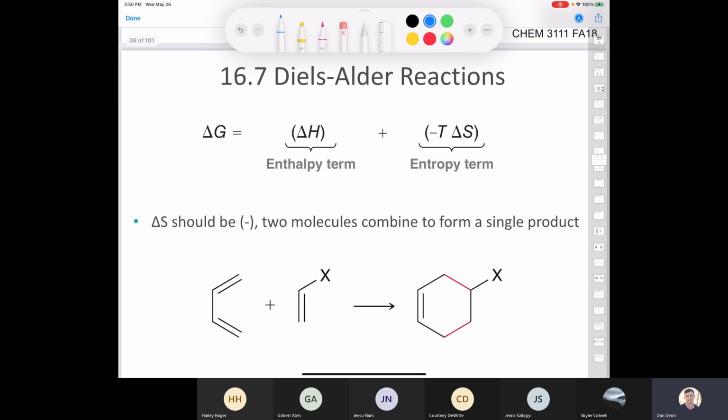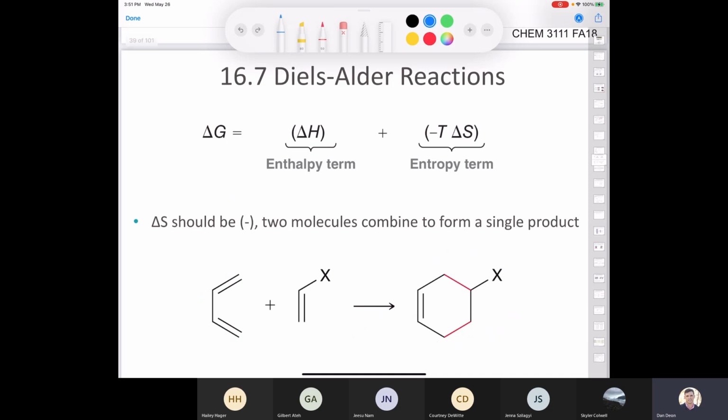But not only do you have to consider the enthalpy term, you also have to consider the entropy term, delta S. Now, if I think about the change in delta S, I'm going from 2 molecules to 1 molecule, right? 2 things to 1 thing. Well, hopefully you understand that 2 things are more disordered than 1 thing. So what's happening to the disorder?